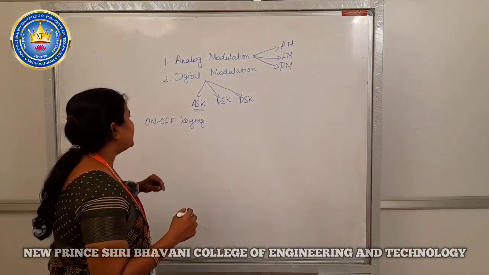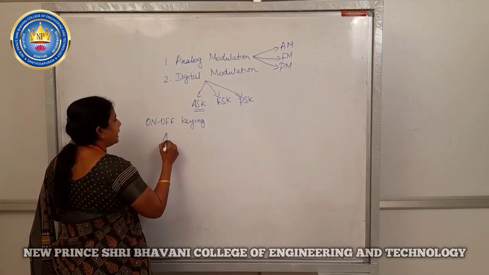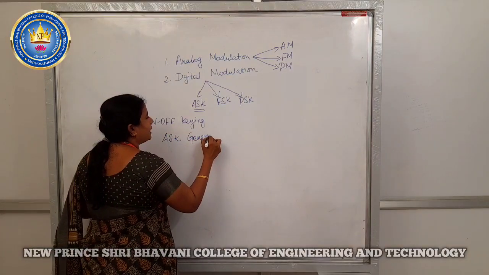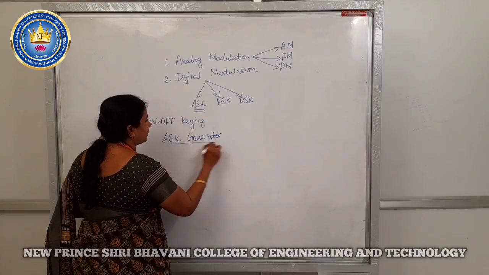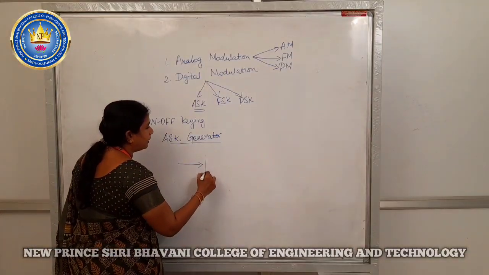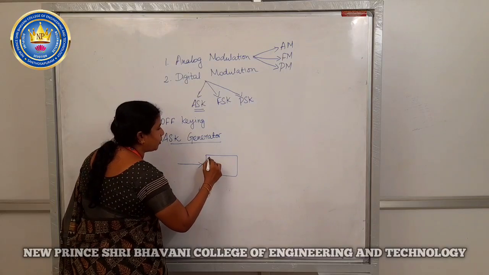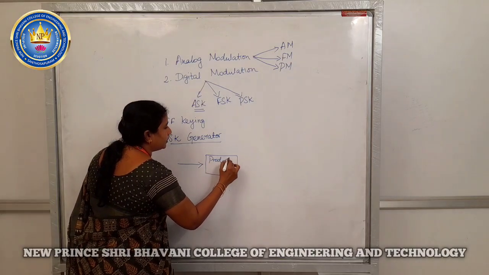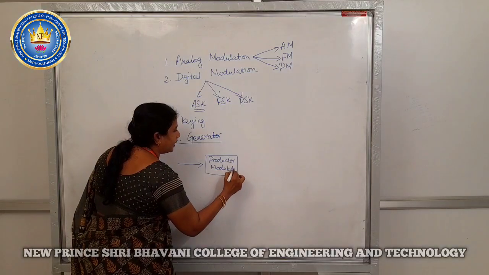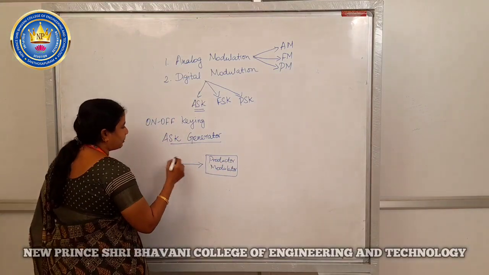Now, the ASK transmitter or ASK generator. How will the ASK signal be generated? Now your input signal goes to a product modulator. We are using a product modulator. There are two signals in the product modulator.